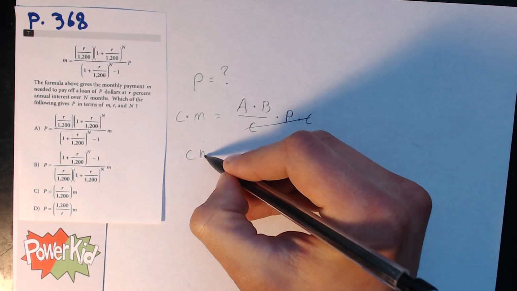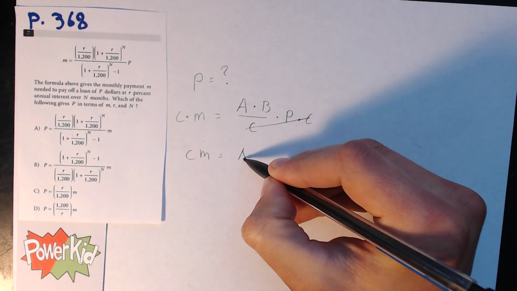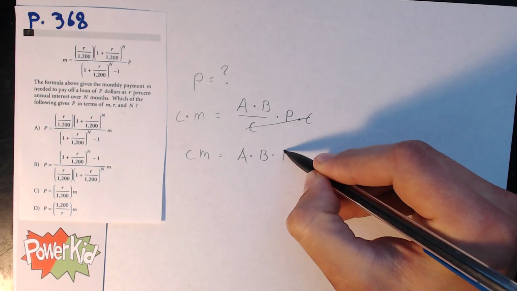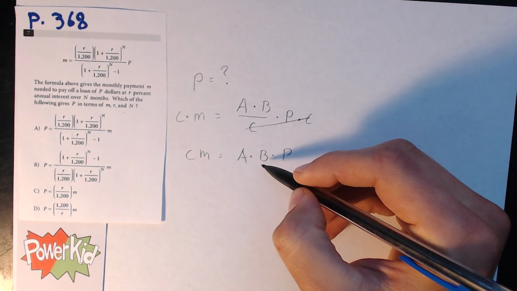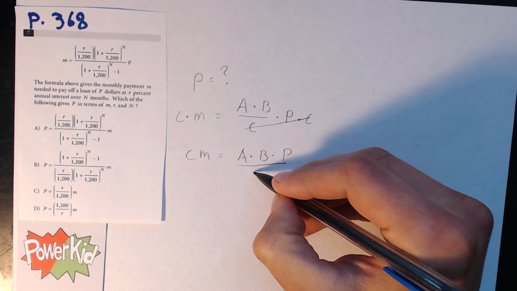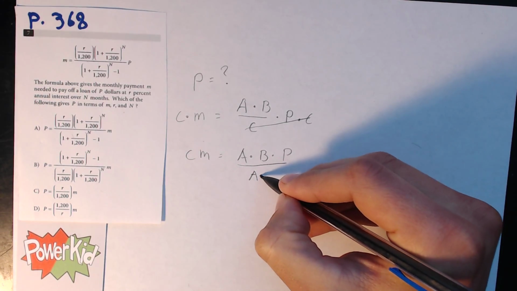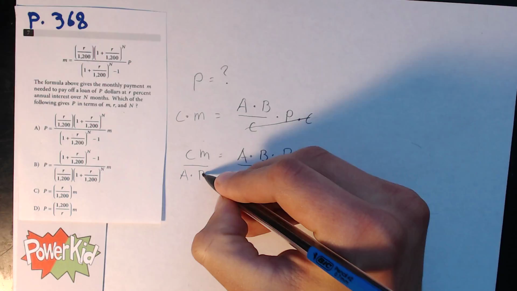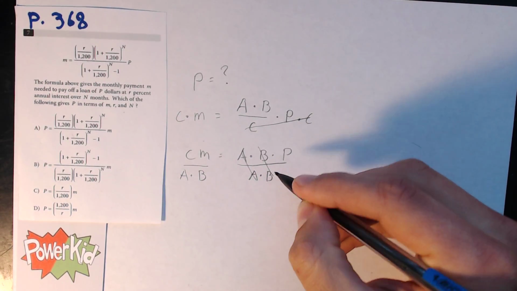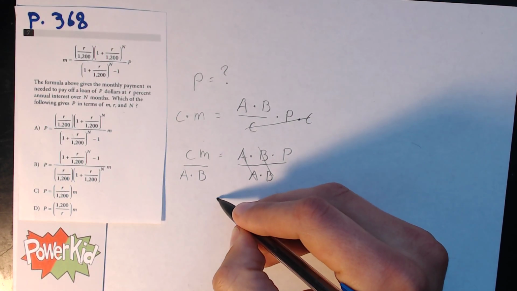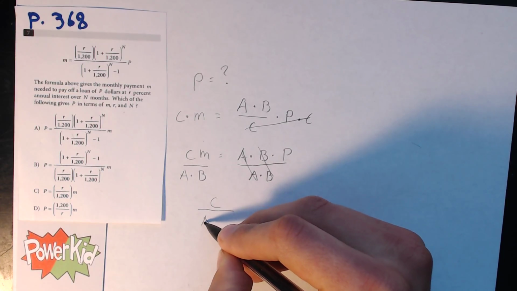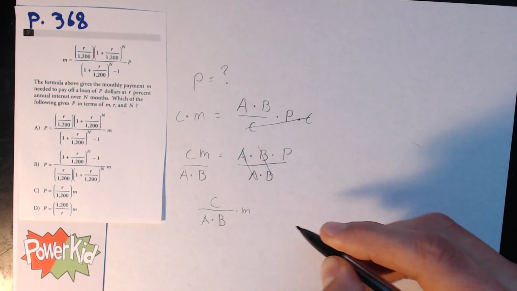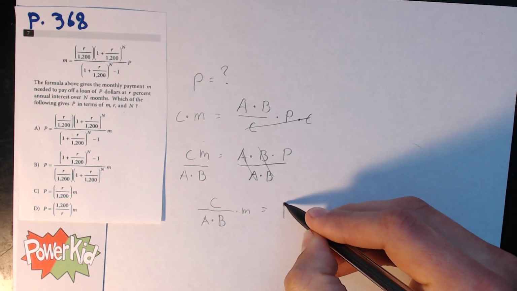So this is C times M equals A times B times P. Now to get rid of this A and B, I'm going to move them both in one fell swoop by dividing both sides by A times B. That is going to cross out my A's and B's and get me C divided by A times B times M. I'm just going to put M out front, means the same thing, equals P.